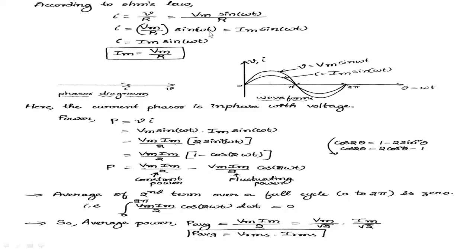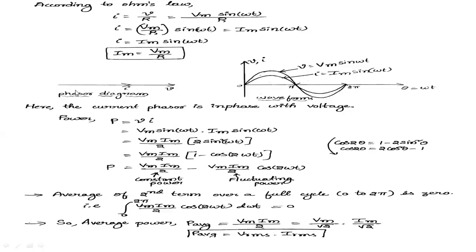In place of Vm by R, I denote it with Im. So the instantaneous current is I equals Im sin omega t, where Im equals Vm by R.